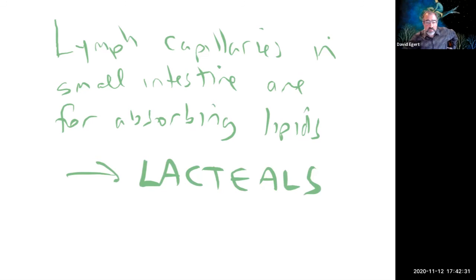So I'm just putting this here, so when we get to this later on, you'll know what's going on. Basically, like I said, the fats are tricky to absorb. Fat does not dissolve in water, so instead you have to make these large lipoproteins to move them around, but those are too large to get absorbed into a normal capillary.